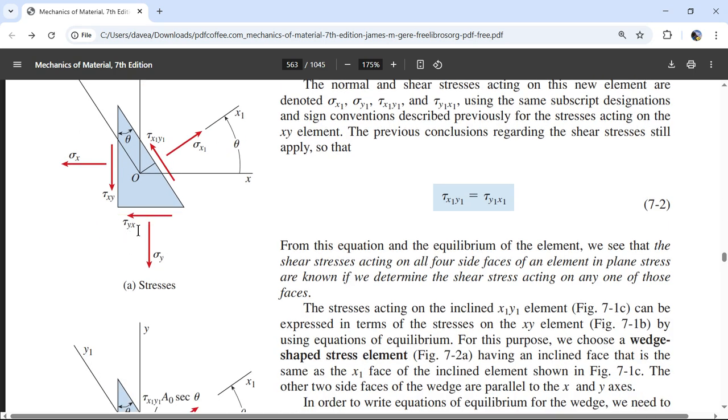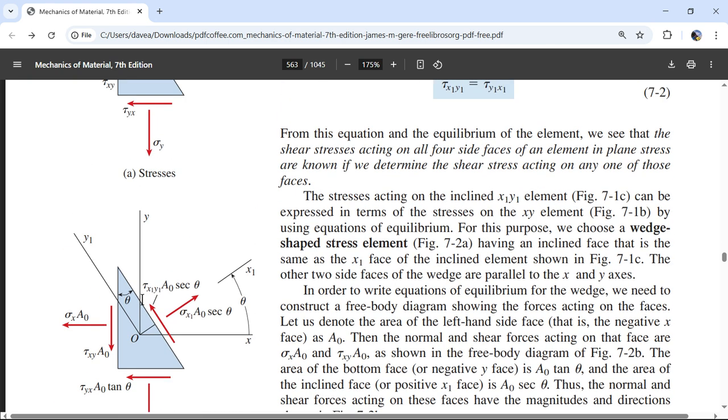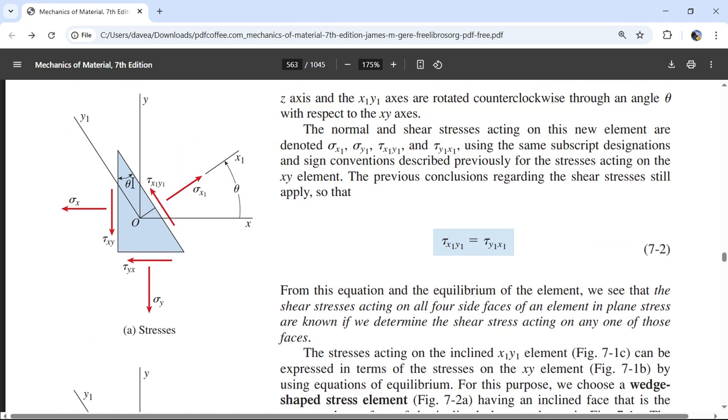Even just right here, we can read the textbook by saying, well, the force associated on this side is going to be the shear stress times the area. And guess what? The area is going to be A tangent theta. How would we have figured that out? I know that this area is 1, and this is my angle.